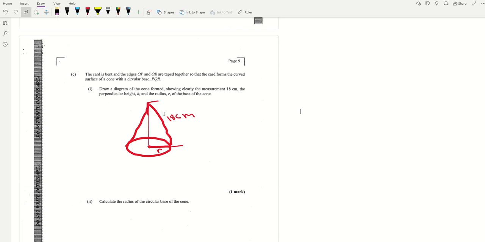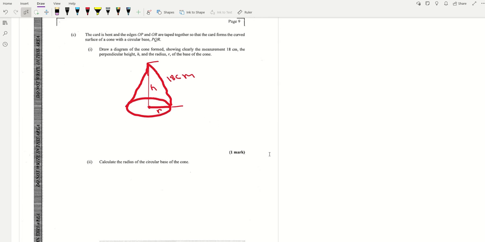They clearly show where the 18 centimeters is, which is the curved part here. Obviously guys, you will be drawing this a little bit better. All right, the center here is O, this is R, and this here is your height H, right? And that is 1 mark right there.